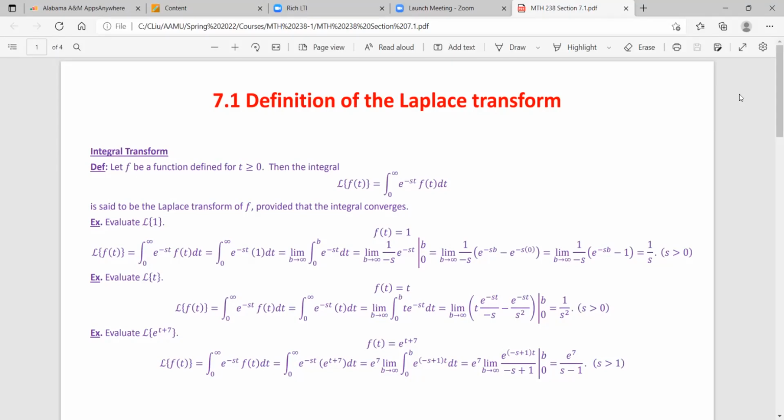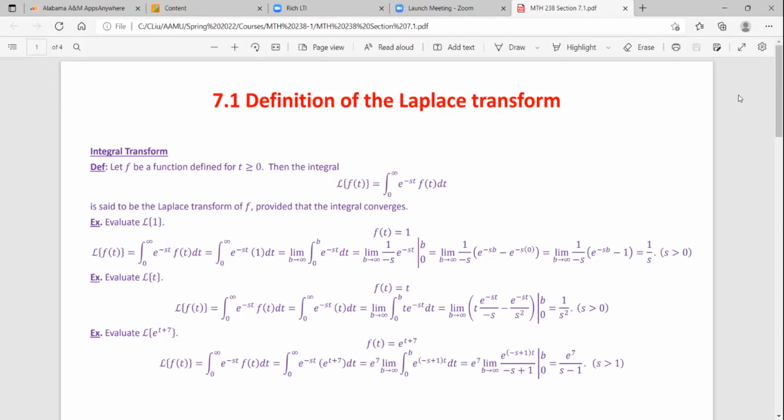Okay, so in that case, when you take the limit as b approaches infinity, the exponential has the limit of 0. So we got the 0 in the first term, and we just minus 1 over negative s plus 1 again, because e to the 0 is 1 when you plug in 0.